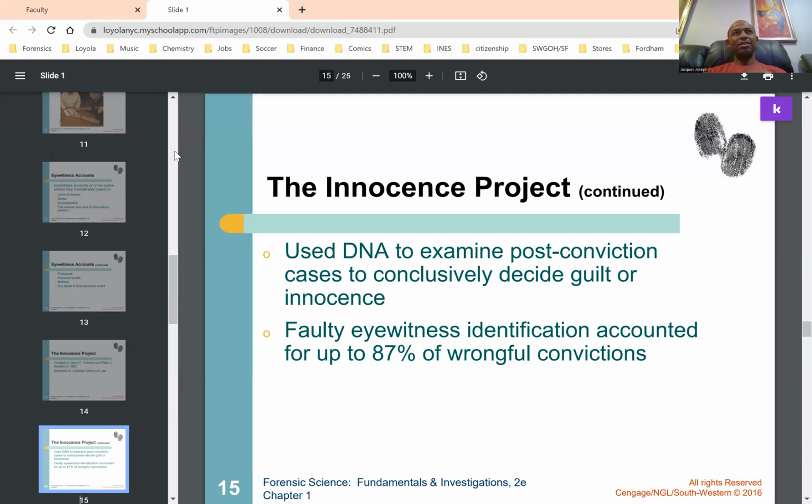This is why we start the class with eyewitness, because after that we're going to look at other types of evidence, and at science and how we use factual evidence that can be irrefutable.